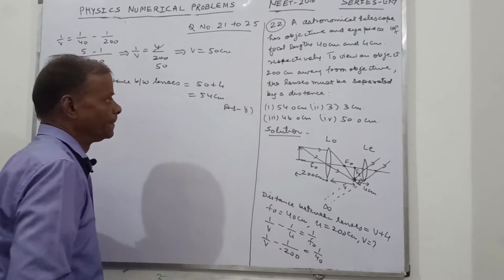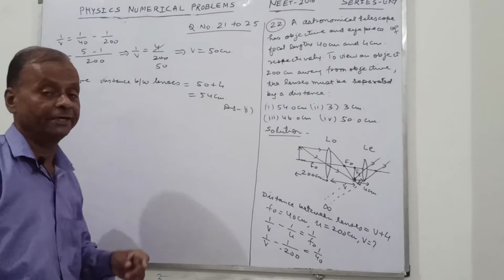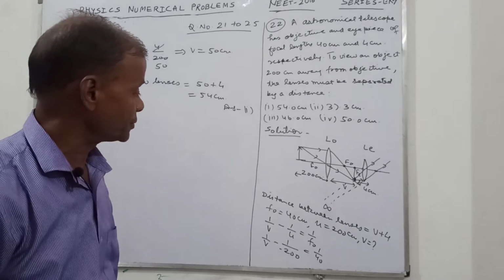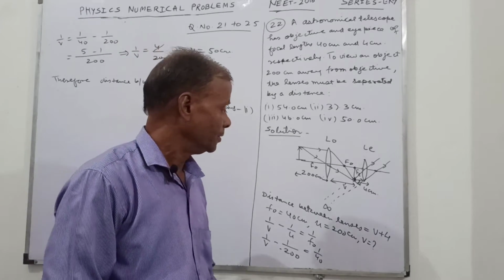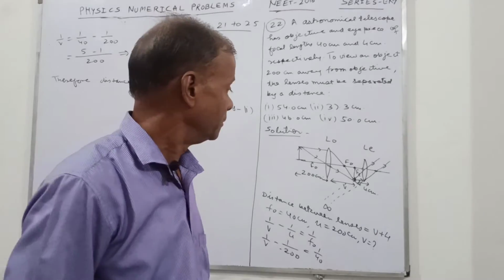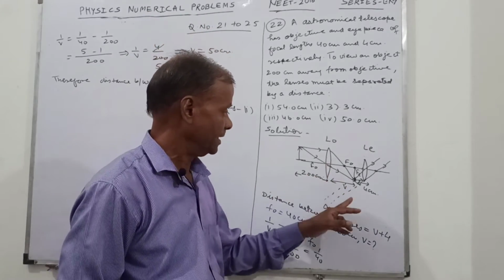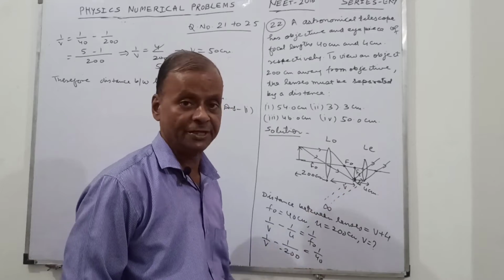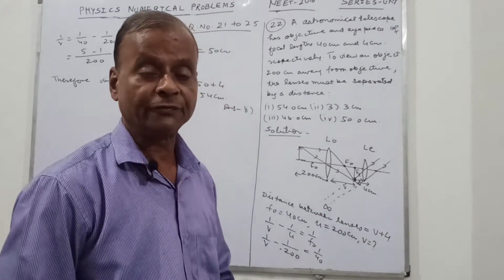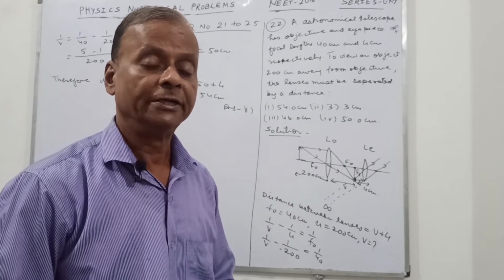So what you have to find, this is the application of this astronomical telescope. You are given the distance of the object from the objective lens and then you find where the image will be formed. So remember that the final image is to be formed at infinity.